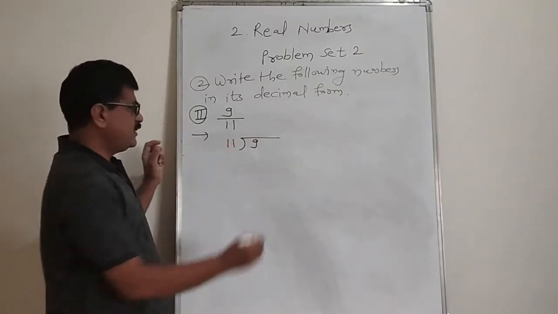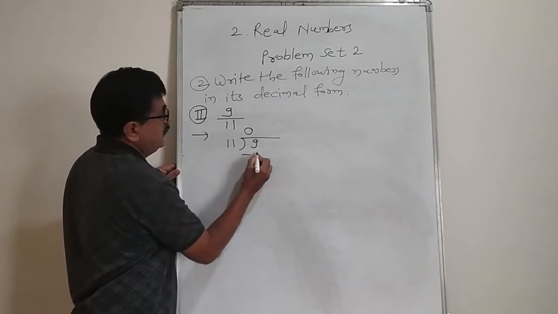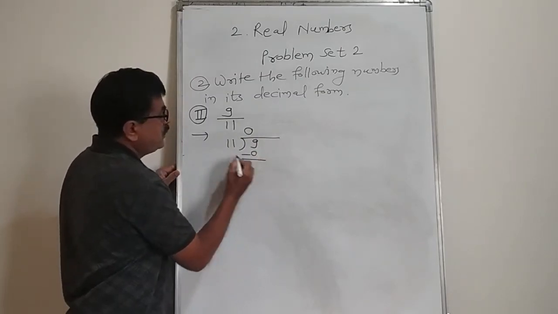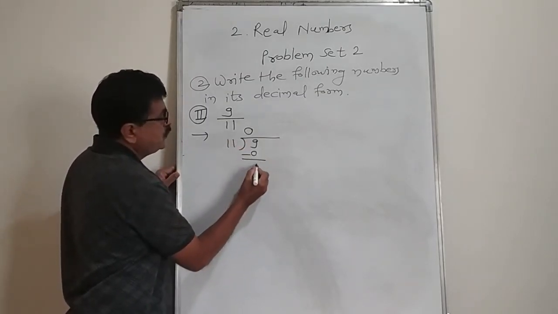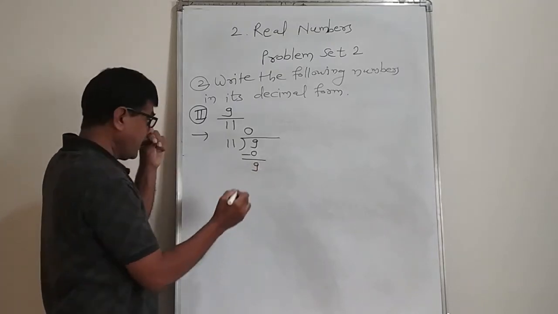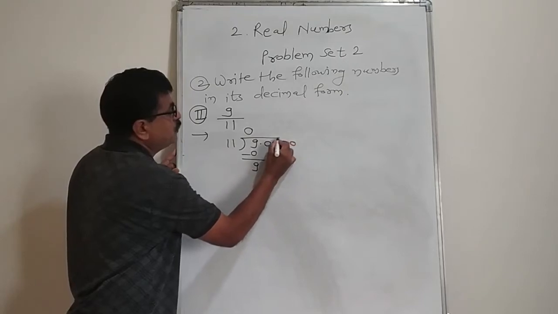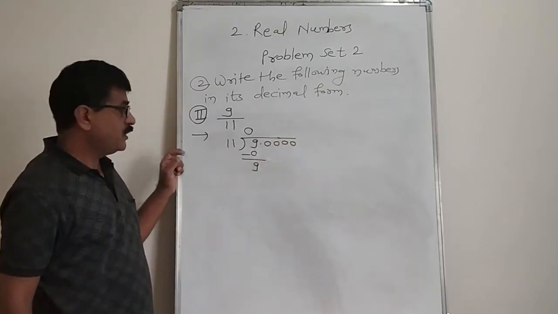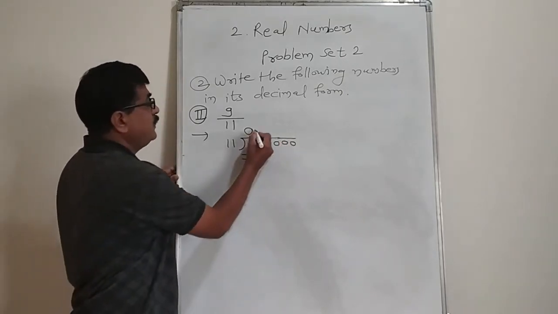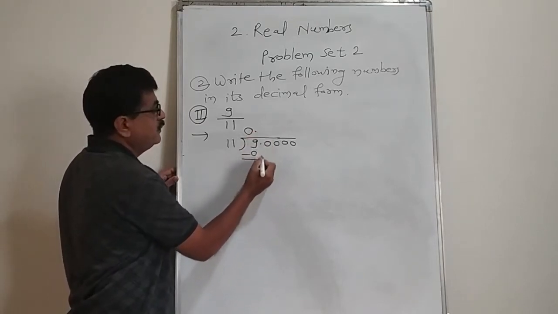Now first the quotient digit is 0. Write down here 0. 11 into 0 is 0. 9 minus 0, 9. Here 9 can be written as 9.000 and so on. Take first 0 here. Here give decimal point.